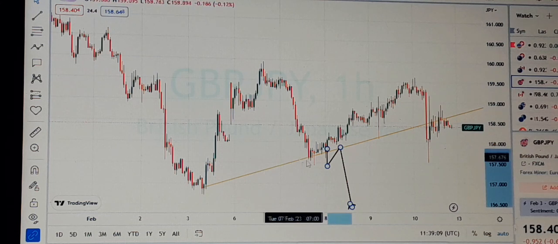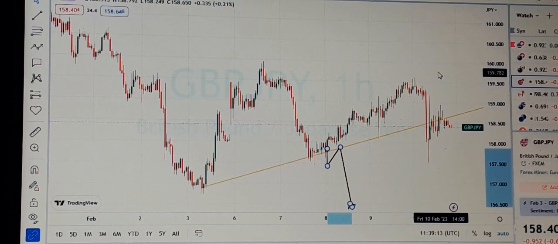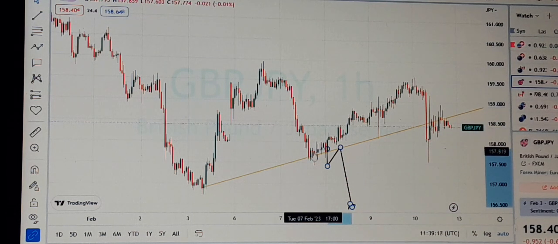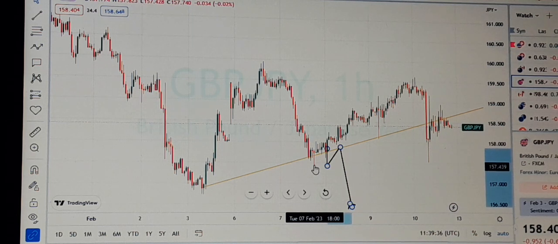So price just came, we had some wicks happening here, and price continued going up. Though you were looking to sell, because we had these big drops that happened, and you saw this particular candle closing above this particular trend line, another pin bar, which is our 1 hour chart operating from this area, and you thought it was a sell. You panicked because you saw this particular price breaking below, but you did not wait.